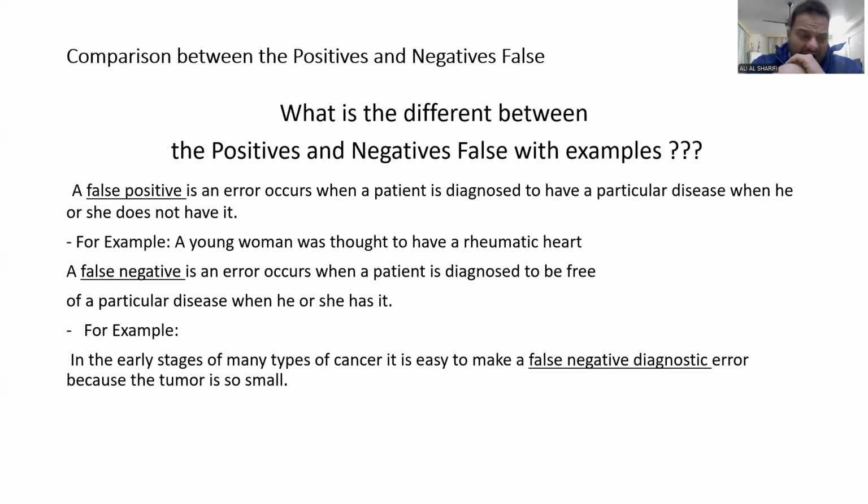All of these have a great side effect on their lives, and all of these wrong or false diagnoses decrease the chance of survival of these patients. In the early stage of many types of cancer, it is easy to make a false negative diagnostic error because the tumor is too small.